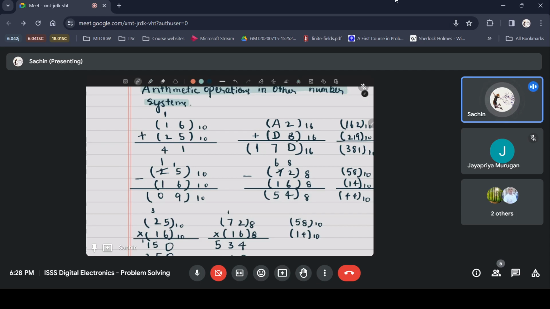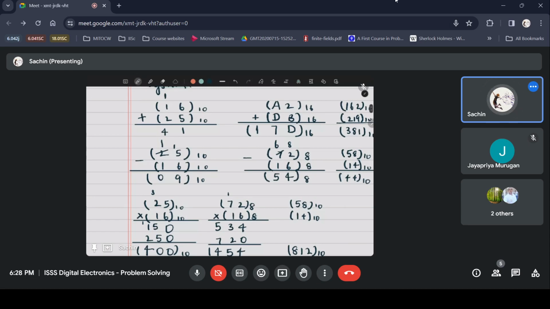Okay, similarly, subtraction, 25 minus 16, so 5 is less than 6. So from the 2, you borrow a 1. That is, you're actually writing this 20 that you have here from 25, you're writing it as one ten plus 10 ones.